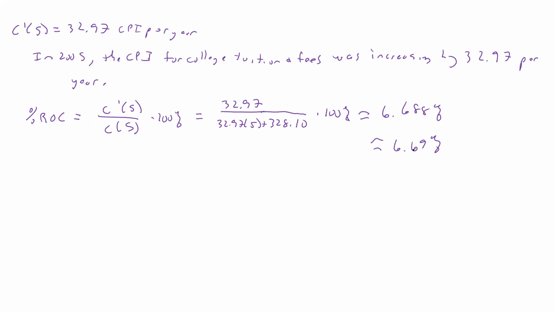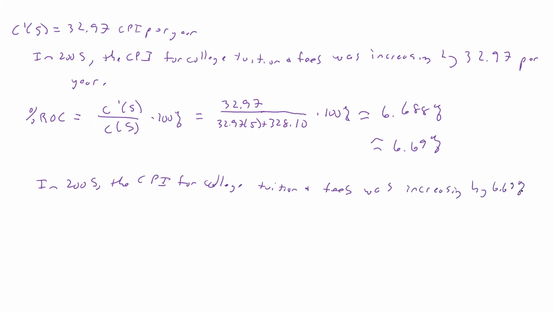So I would say that would be the thing. And so what we could say there is in 2005, the CPI for college tuition and fees was increasing by 6.69% per year. Okay, and so that would be my value there.